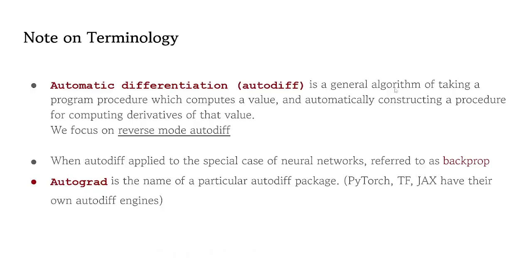So autodiff is a general algorithm which takes in as input a function, let's say a Python function, which given an input returns a value. So autodiff takes in as input that function and returns another function.